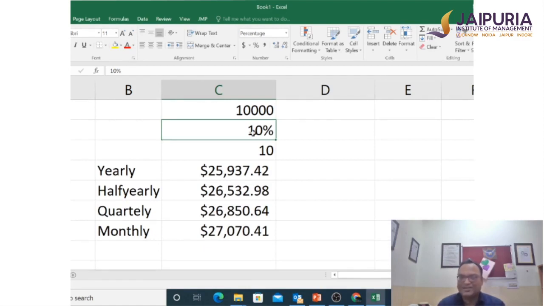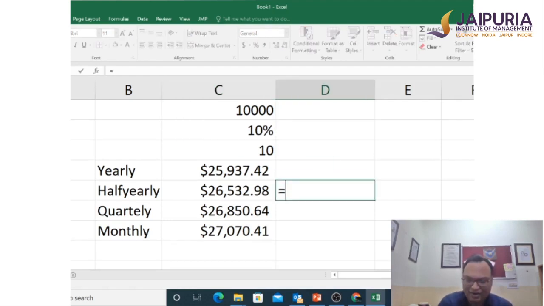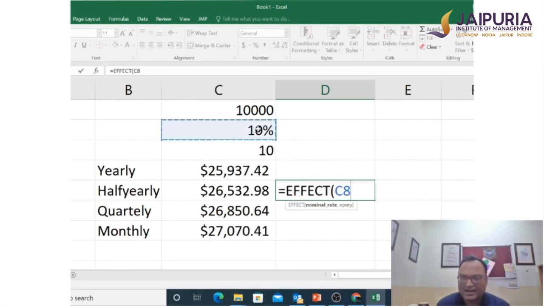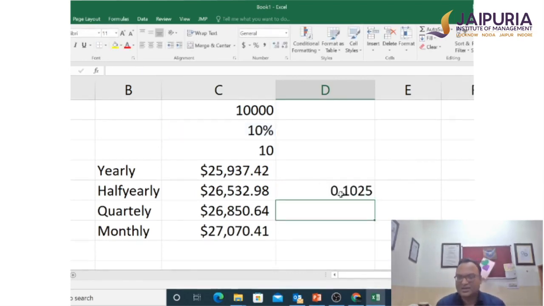But 10% if it is compounding half yearly, what is the effective rate? There is an inbuilt formula in Excel called effective, and my nominal rate was 10% and compounding was happening twice, so it is 2, which means 10% per annum compounding half yearly is equal to 10.25% per annum. This is how it means.